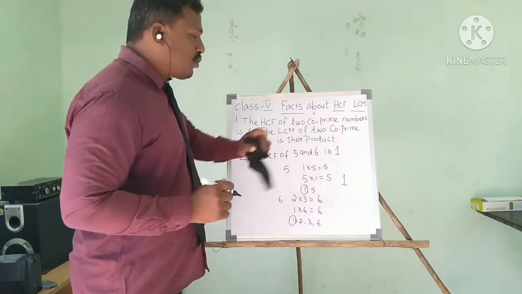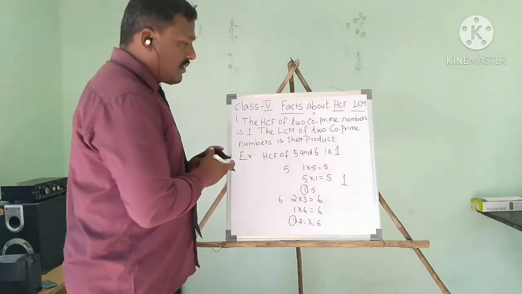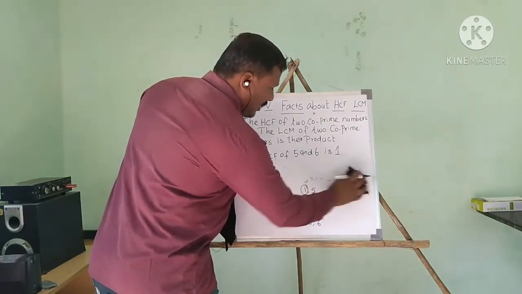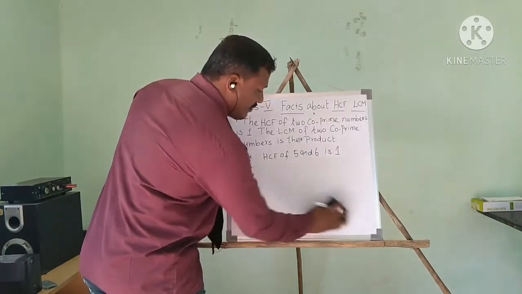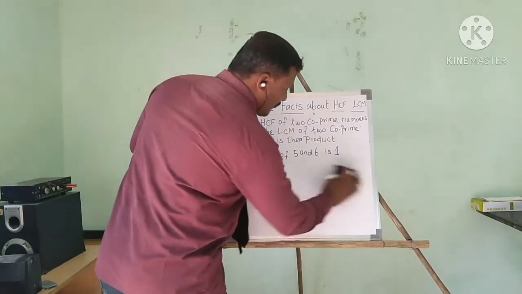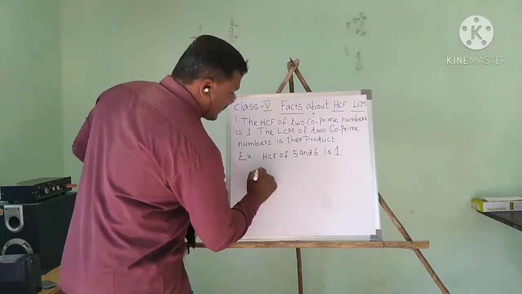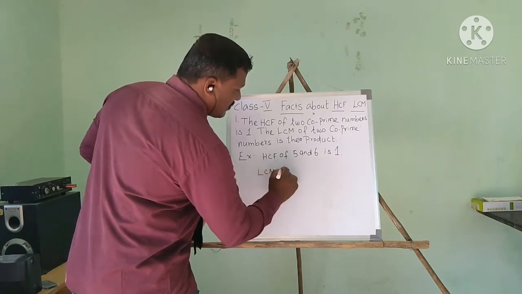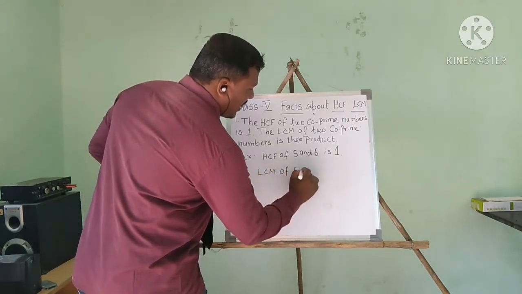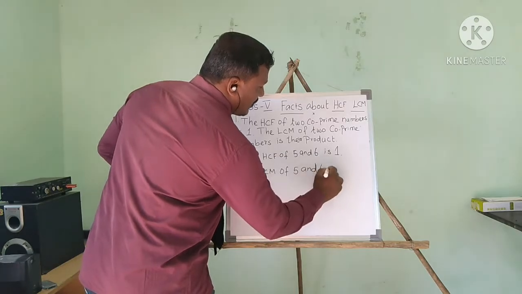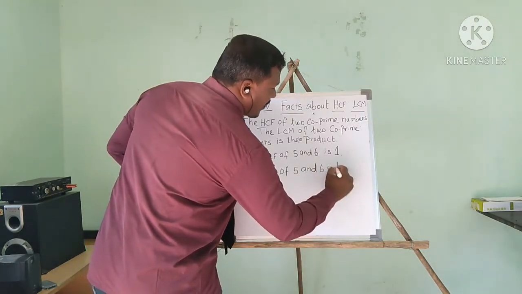The LCM of two co-prime numbers is their product. How? Now we will find the LCM of 5 and 6. The LCM of 5 and 6 is their product.